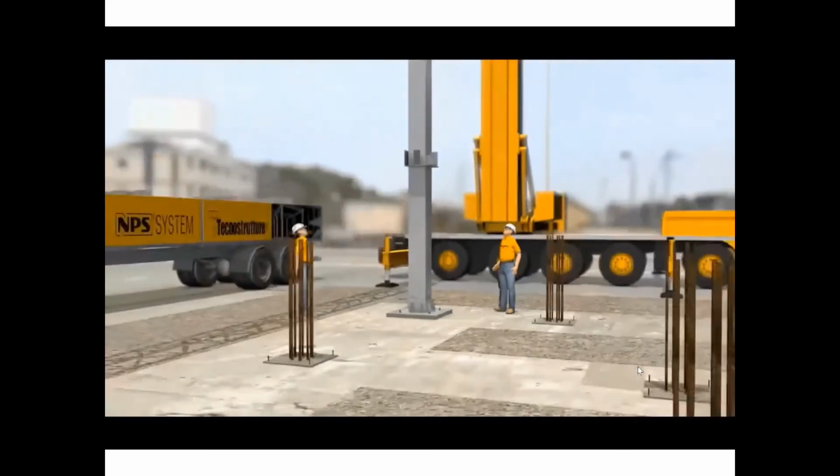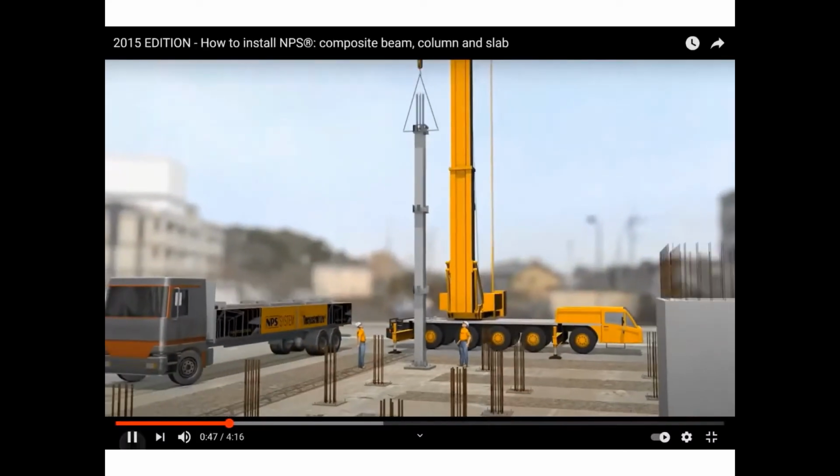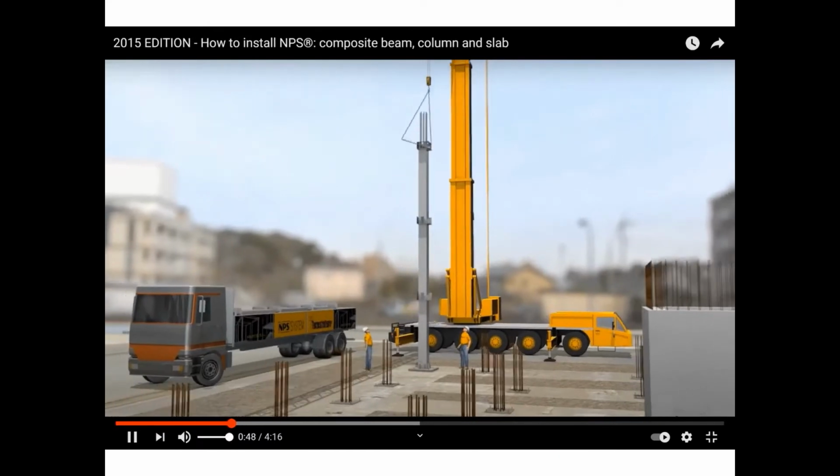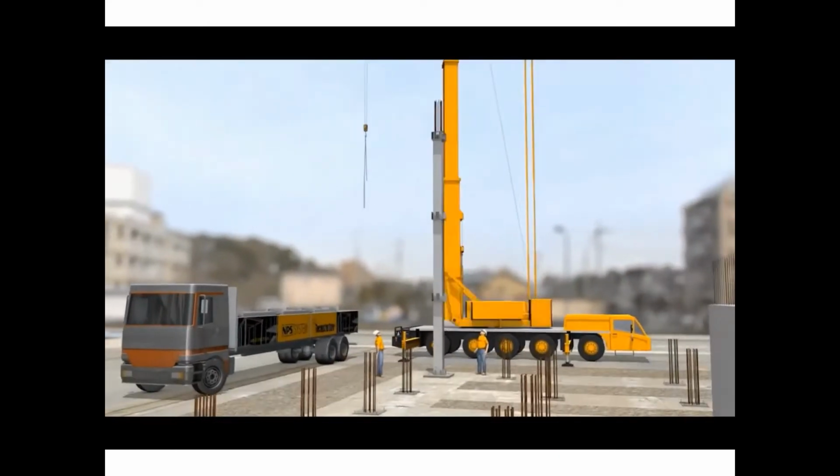Base of the column. And this column is not only for one floor or two floors, looks like 3 floors. We have crane lift the column to be fabricated at the position of the column. We will do the same for the other columns.